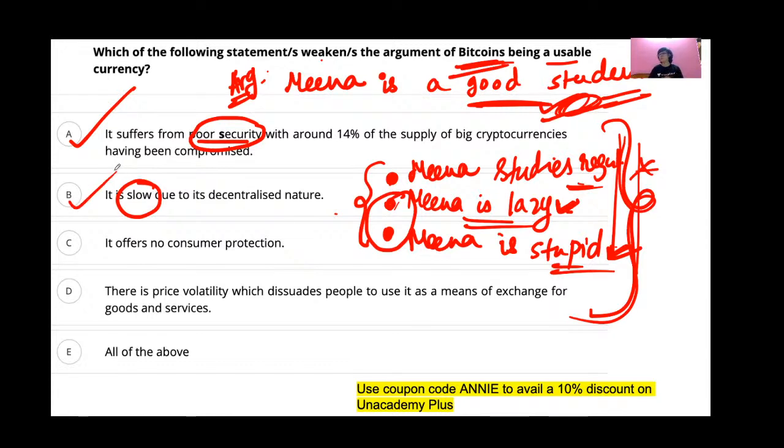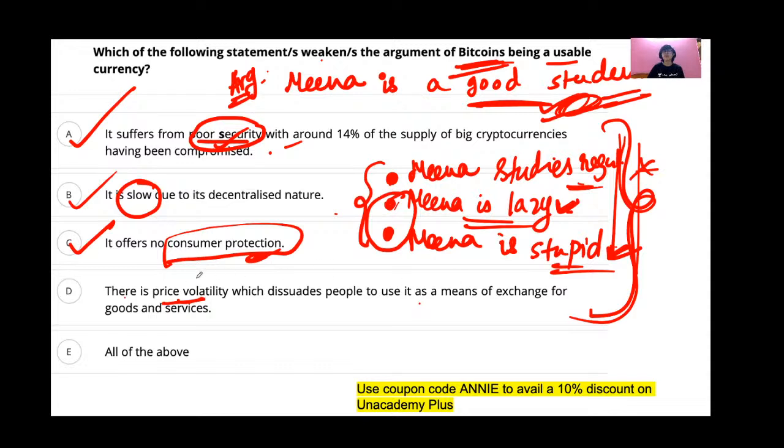This is also correct. Next, it offers no consumer protection. There is no consumer protection, which means there is poor security. Again, the same thing as A. So this also becomes your answer, because this also weakens the argument that bitcoins are a usable currency. Okay. There is price volatility which dissuades people to use it as a means of exchange for goods and services.